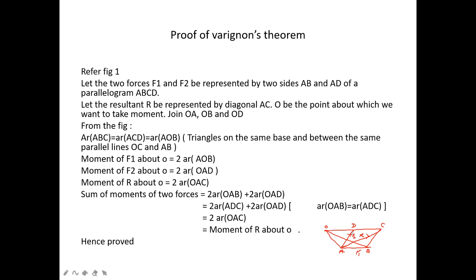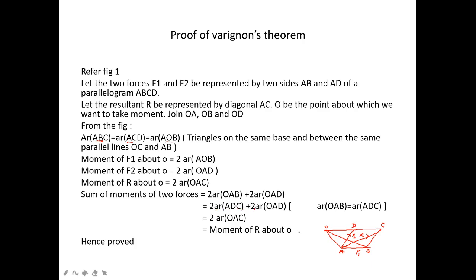Now the sum of the moments of force F1 and F2 is equal to 2 into area OAB plus 2 into area OAD. Now area OAB is equal to area ADC, as you can see from here. So instead of OAB you write ADC.